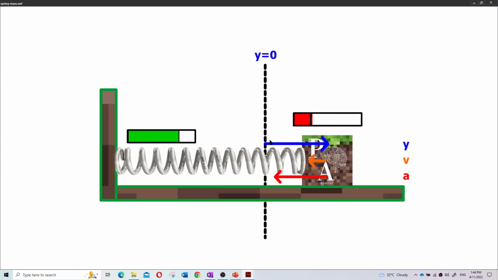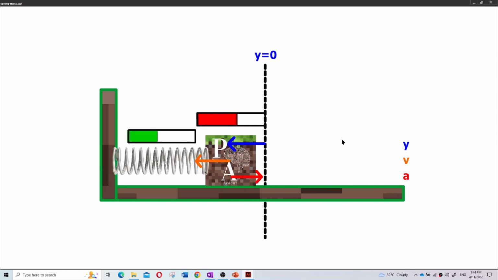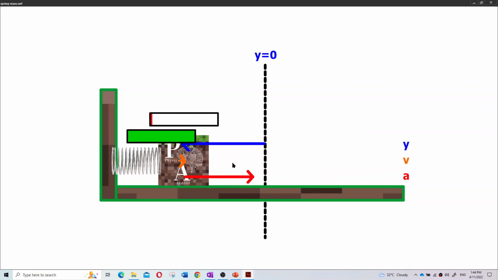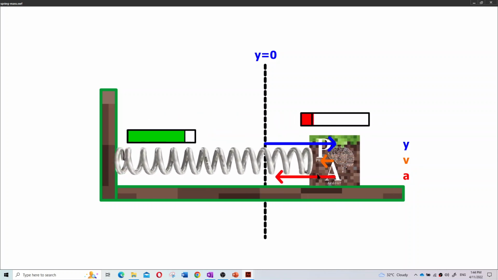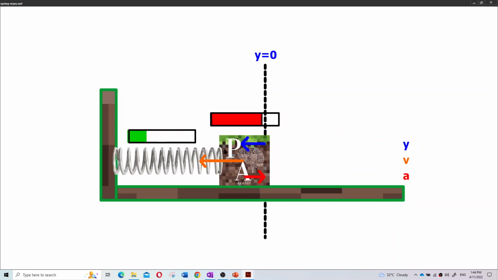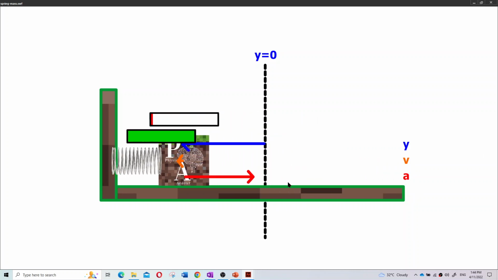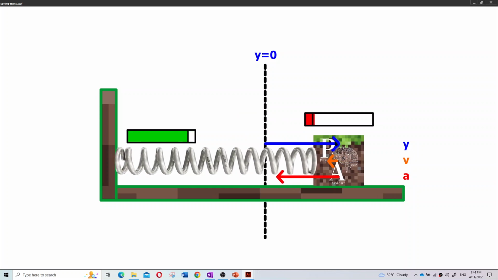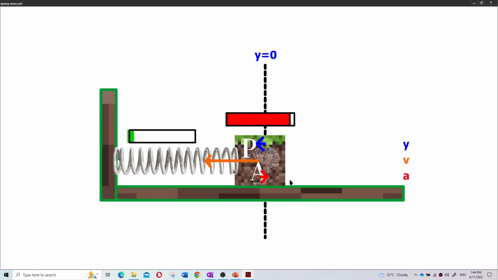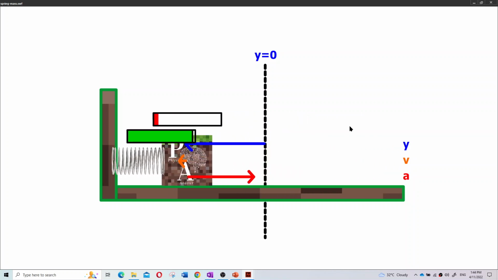When displacement is positive, the displacement and acceleration are always in opposite directions. When displacement is positive, acceleration is negative. When displacement is negative, acceleration is positive. So when displacement is maximum, acceleration is also maximum, but in the opposite direction. I just love my animation.